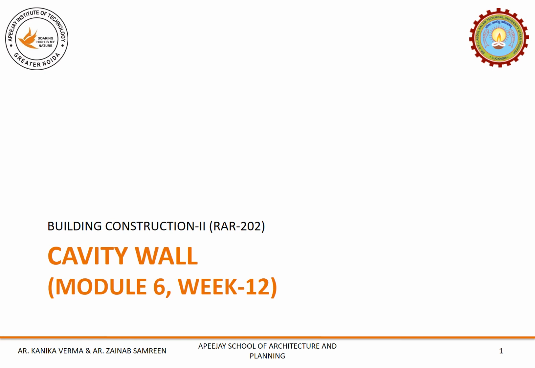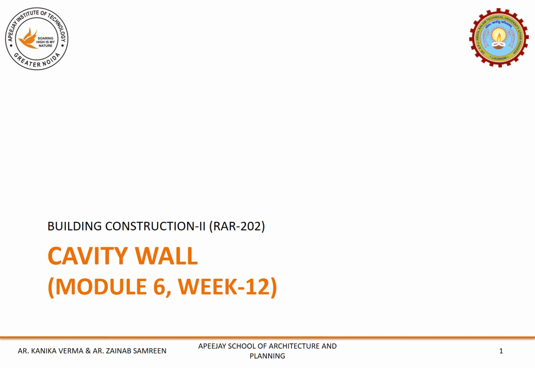Myself, Architect Kanika Verma, and Architect Zainab from APJ School of Architecture Planning will be explaining different attributes of cavity wall construction. Broadly, this lecture has been divided into 4 segments. The first 2 segments focus on the basic understanding of construction, definition, and various purposes and functions a cavity wall serves. Second segment talks about advantages and disadvantages of cavity wall construction.